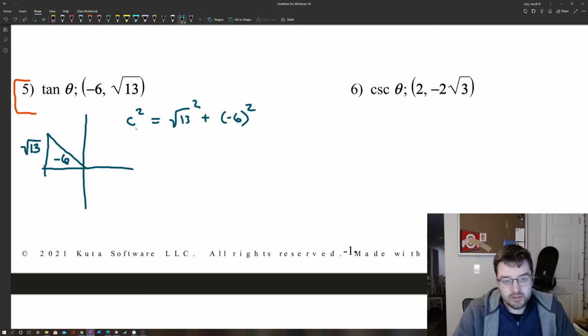We're never going to receive a negative hypotenuse, even though we're in that second quadrant, not even if we're in the third or fourth quadrant. So our answer here is going to be 13, the square root of whatever 13 plus 6, no, sorry, 36 is, so c is equal to radical 49.